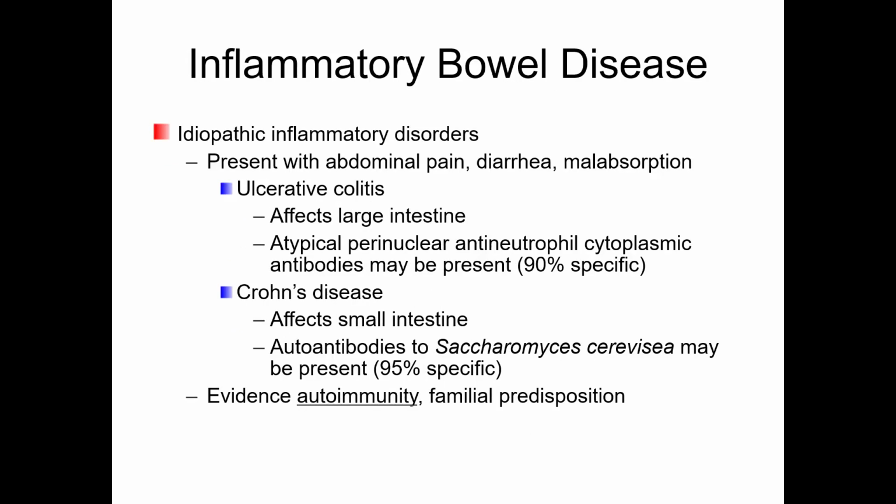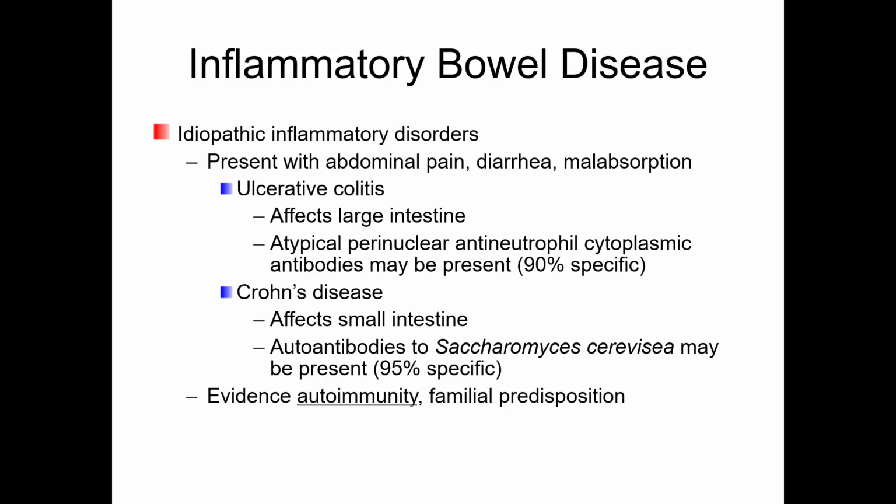Inflammatory bowel disease, idiopathic inflammatory disorders, present with abdominal pain, diarrhea, and malabsorption. Ulcerative colitis affects the large intestine, while Crohn's disease primarily affects the small intestine. In ulcerative colitis, atypical perinuclear anti-neutrophil cytoplasmic antibodies may be present, and it's about 90% specific to this.